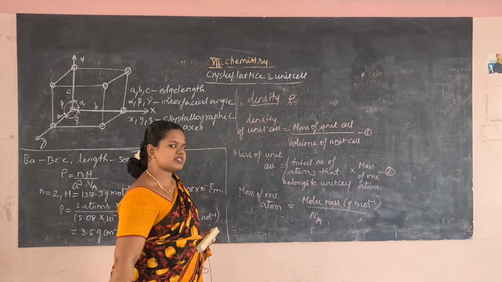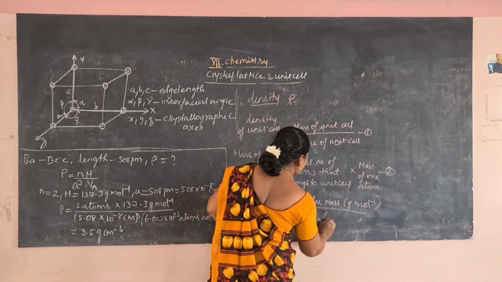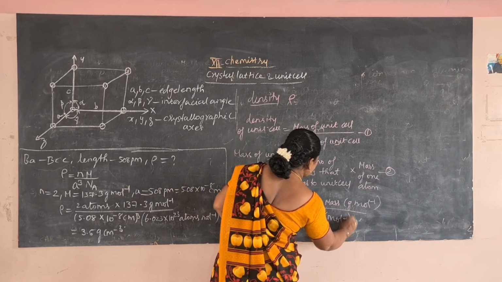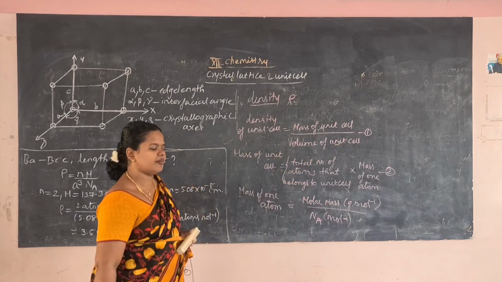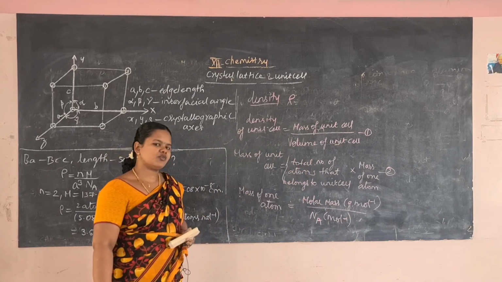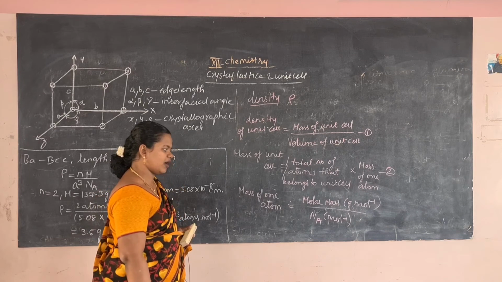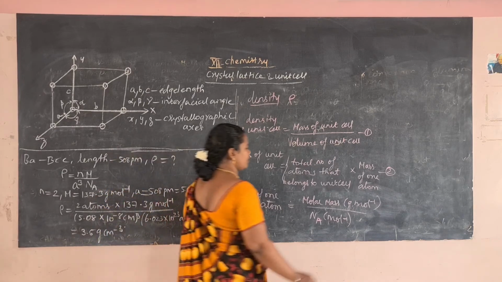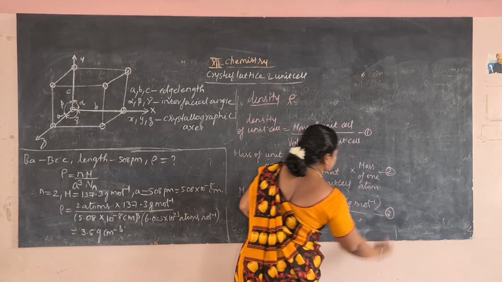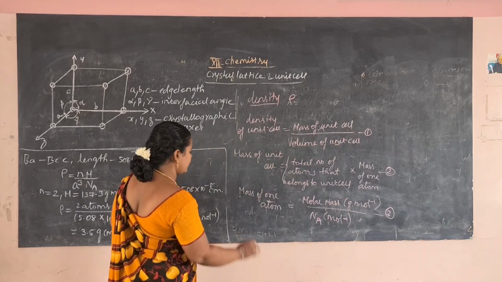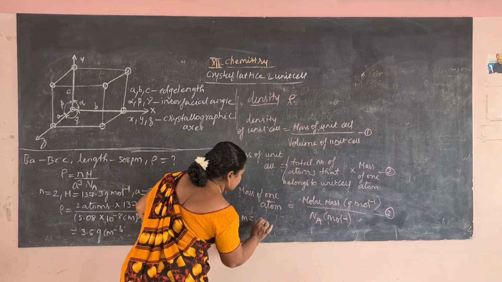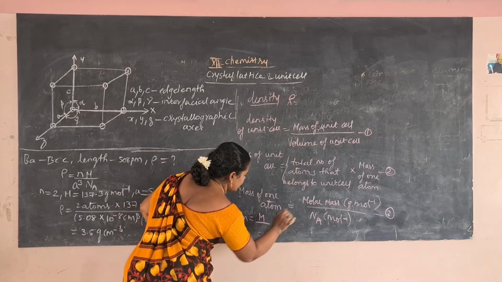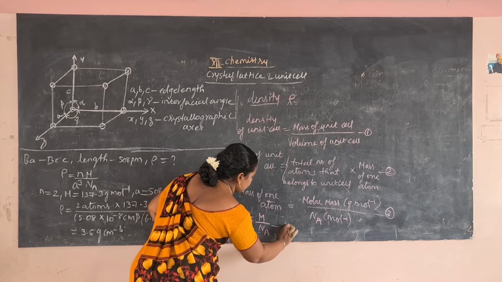Avogadro number is represented as Na in per mole. So what is this Avogadro number? 6.023 into 10 power 23. So mass of one atom is equal to molar mass divided by Avogadro number, that is, m equal to capital M divided by Na. That is the third equation.